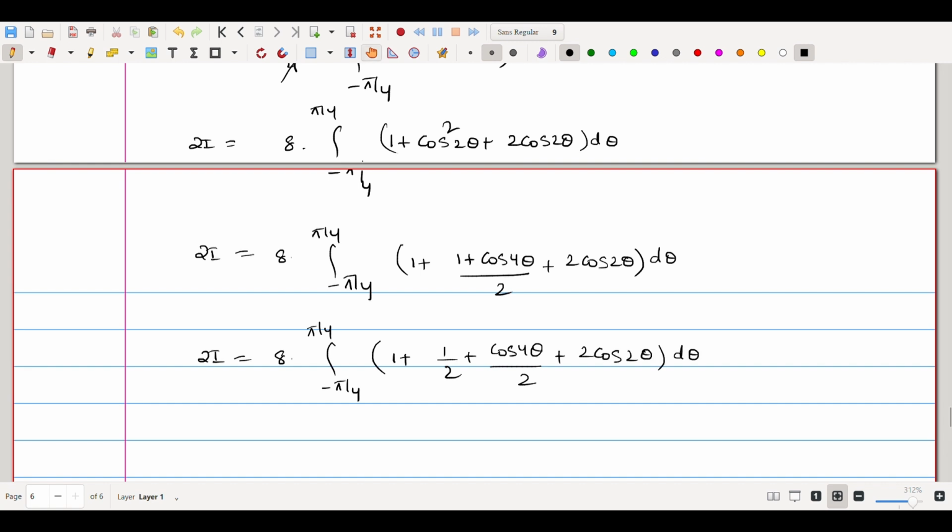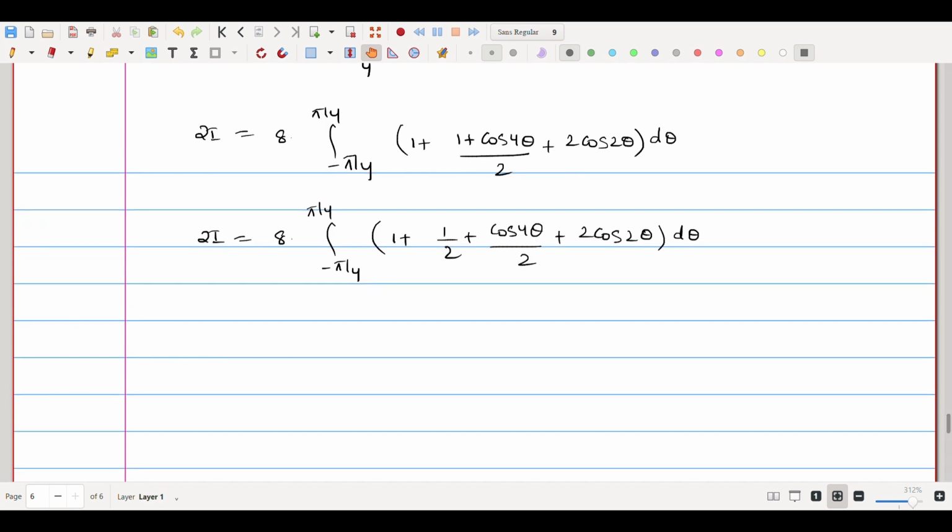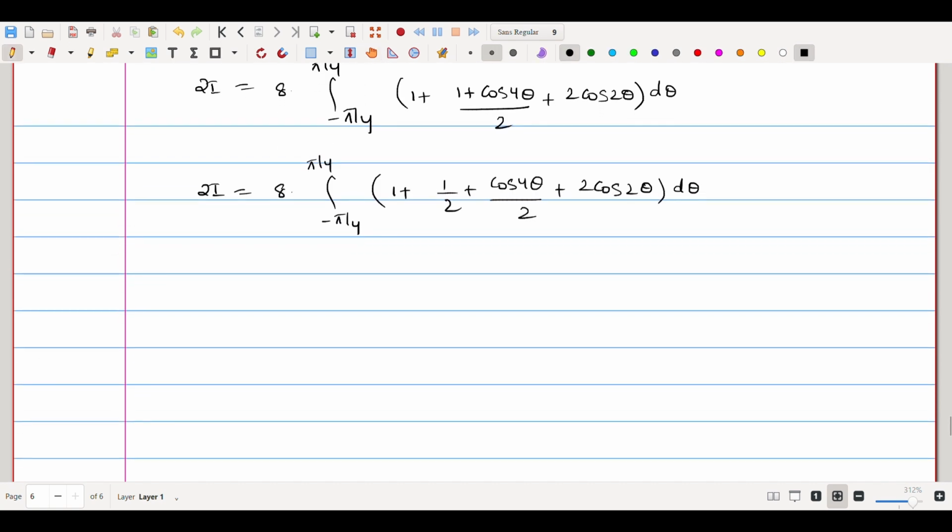We already know that cos is an even function. So 2I equals 2 into the integral from 0 to pi by 4 of 3 by 2 plus cos 4 theta by 2 plus 2 cos 2 theta d theta.